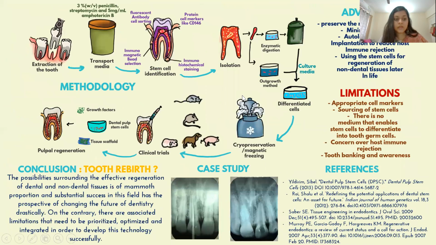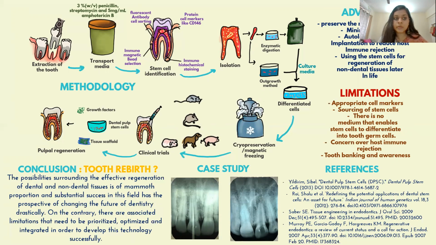Moving on, this is the methodology, how the process of isolation of the stem cells, culturing them, and producing a differentiated cell is done. So first, there is extraction of the tooth. It could be any tooth, an adult tooth, a deciduous tooth, or a tooth which is unerupted with an intact dental follicle.